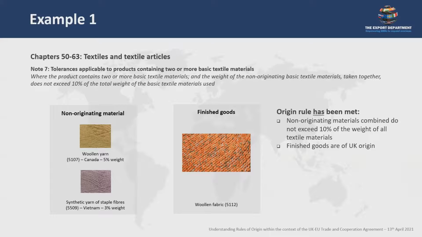Here I've given us woolen yarn from Canada with a 5% weight and synthetic yarn from Vietnam with a 3% weight. The origin rule has been met because the non-originating materials combined do not exceed that 10% weight of the finished textile material. So here we can classify those goods as being of UK origin.